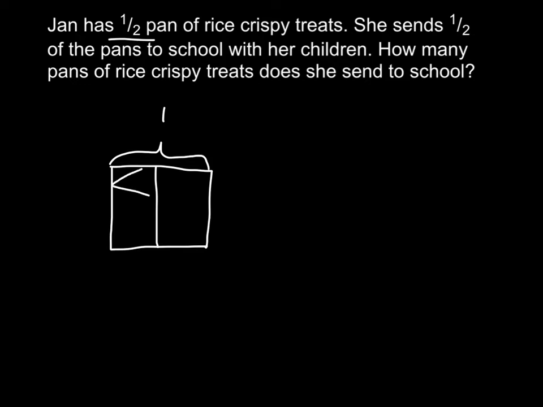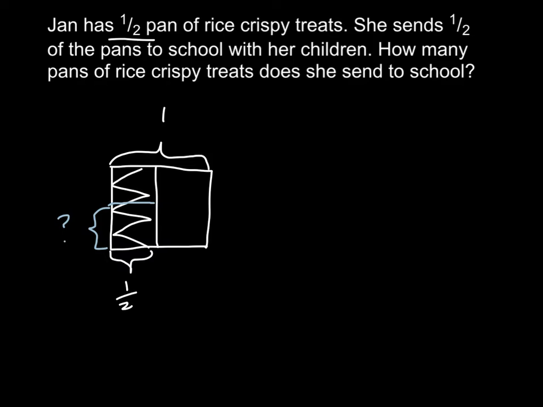It's easy to picture this as being Rice Krispie treats. So here's 1/2 pan, and she sends 1/2 of that to school with her children. So I'm going to cut this in half, and this is where I need to know how much is that.